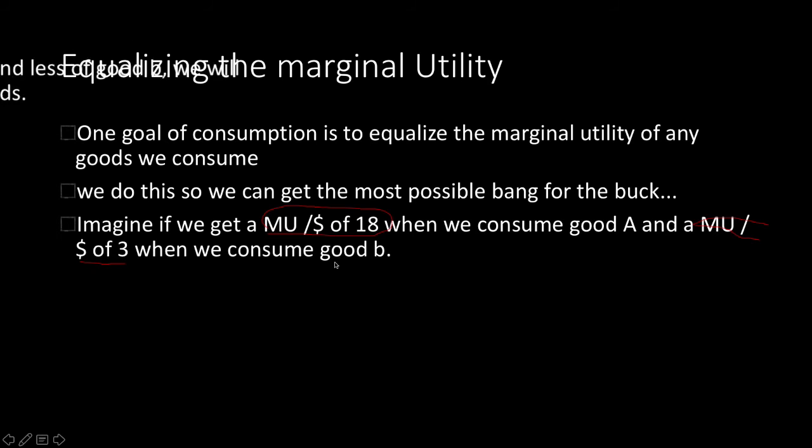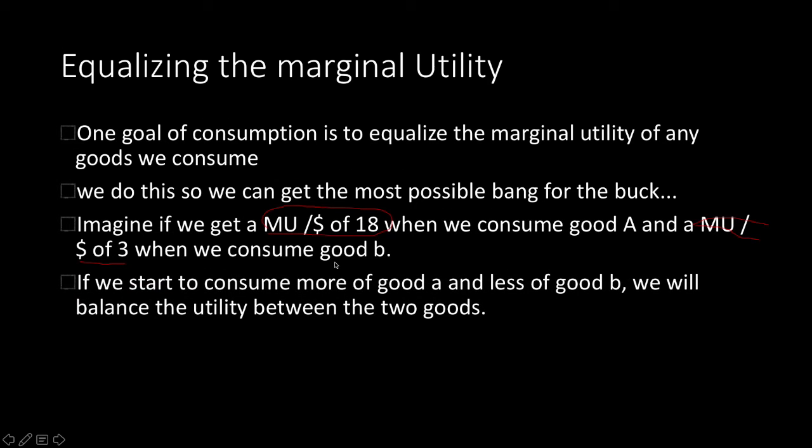So what I would want to do here is consume more good A. The more we consume, the less marginal utility per dollar we're going to get. And we would want to consume less of good B, so we're going to increase the marginal utility per dollar.